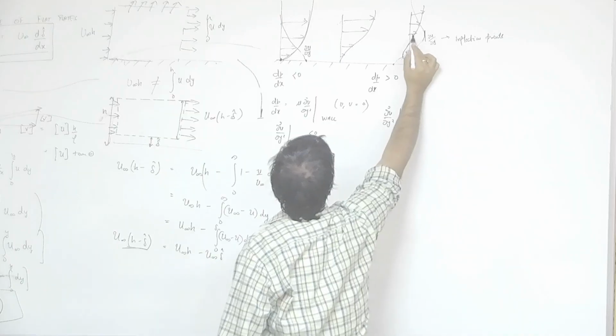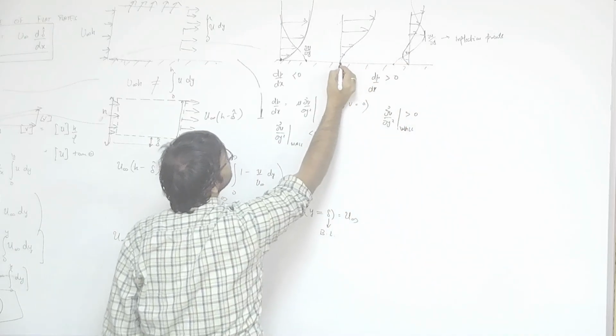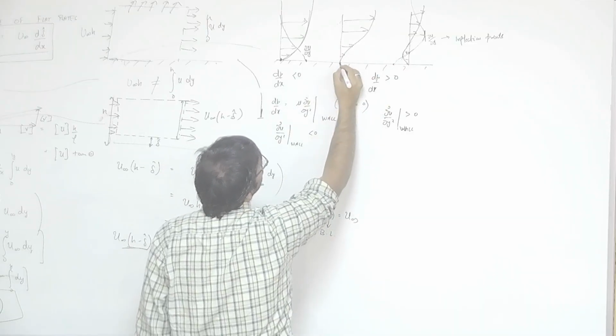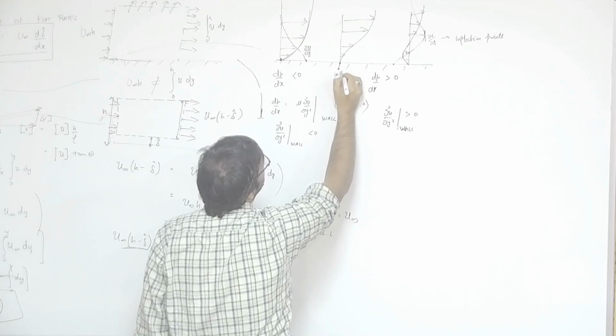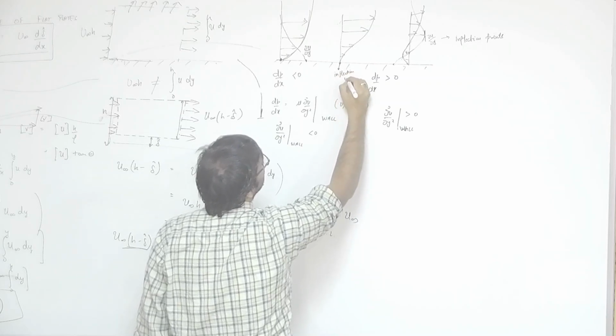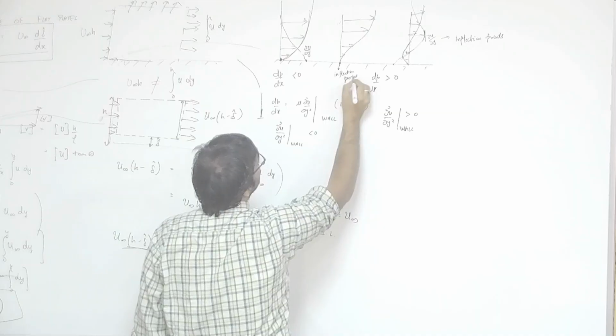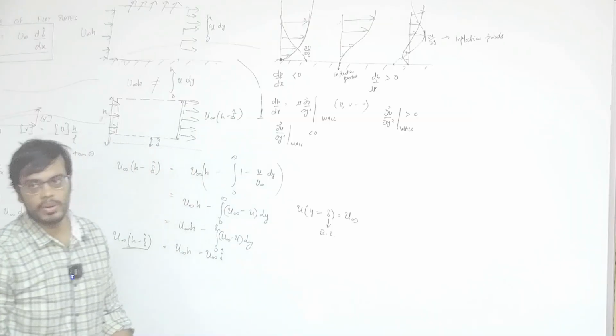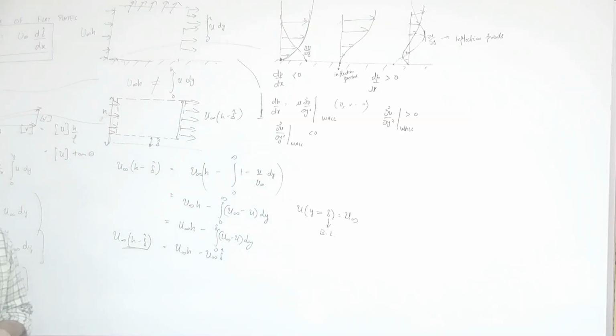So there is an inflection point that you have here, and in this case where you are going from dp dx less than 0 to greater than 0, you have an inflection point at the wall, because at the wall where your dp dx is 0, you have del squared u by del y squared equals 0.